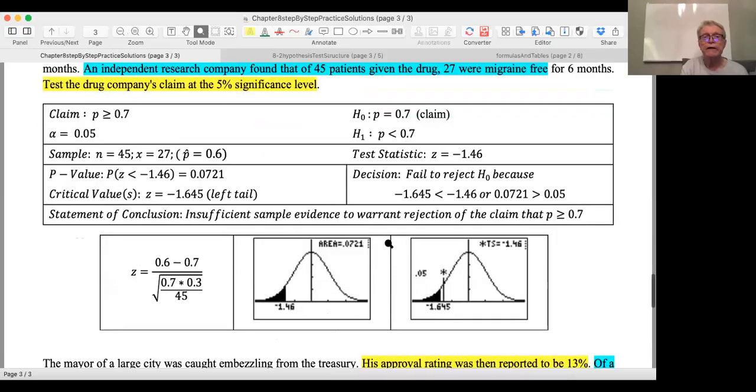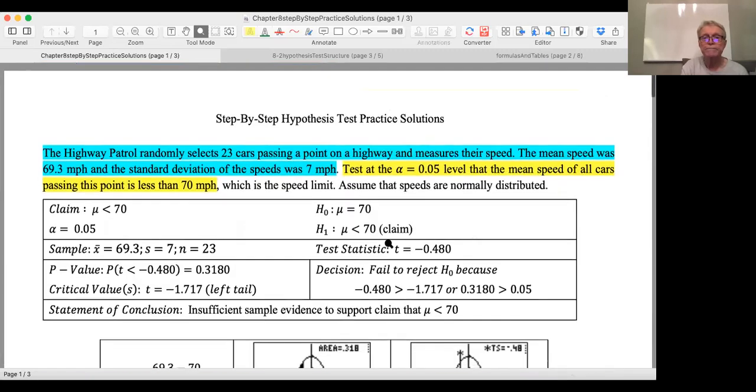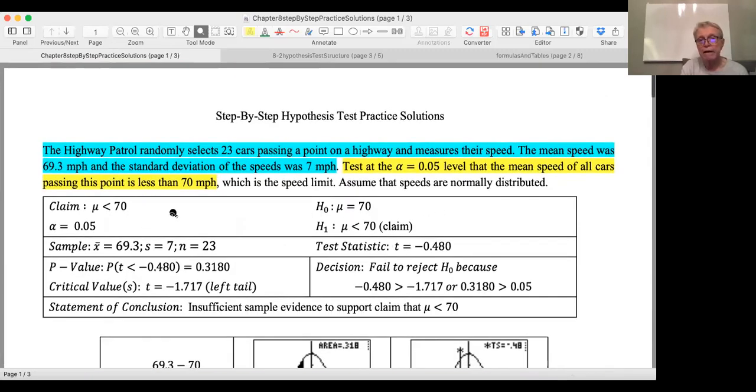All right, here we are in our 6 problems. Everything's been done in step 1 and step 2. We'll ignore the critical value approach because we've already talked about that, and let's talk about the p-value approach. Like I said, you need to know what the test statistic value is.